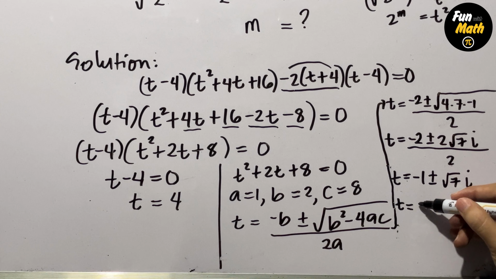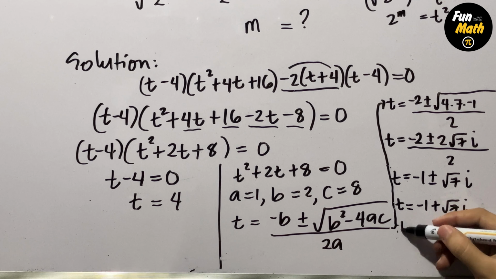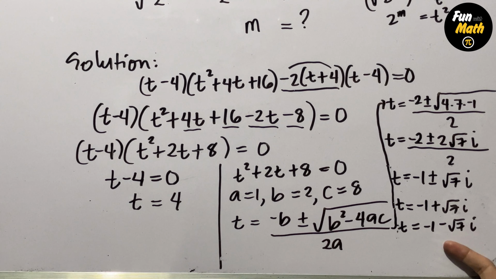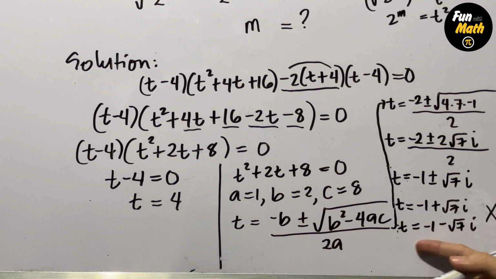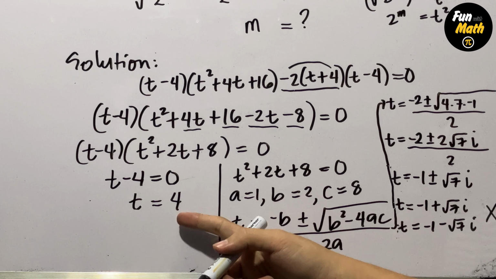That is t is equal to -1 plus square root of 7 i. Then t is equal to -1 minus square root of 7 i. Now, these two values of t possibly lead to a complex solution, so we don't need to include this. Just include t is equal to 4.